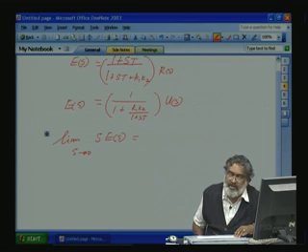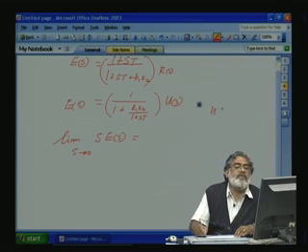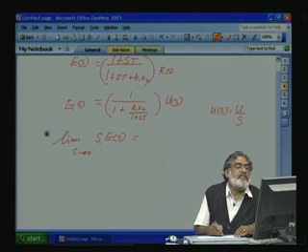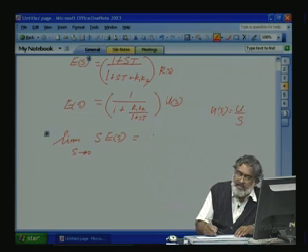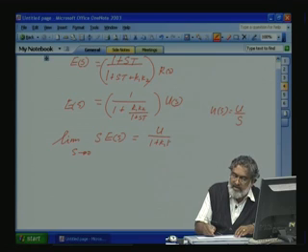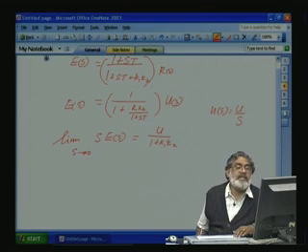For a unit step input, R(s) is equal to U by s, so multiplied by s, these two get cancelled. Finally, the result will be U by 1 plus K1 K2.